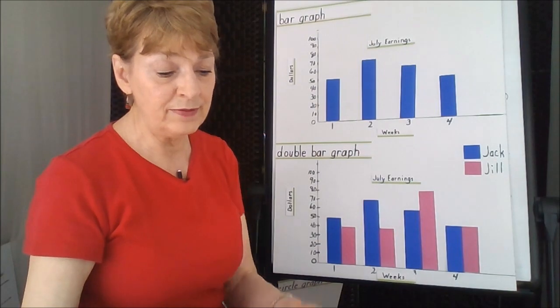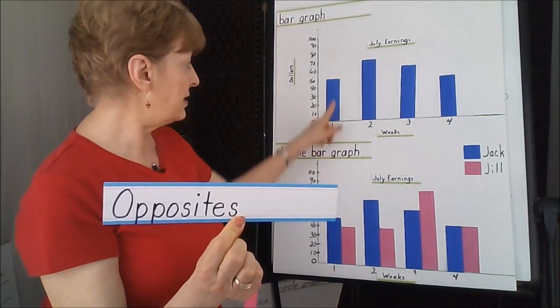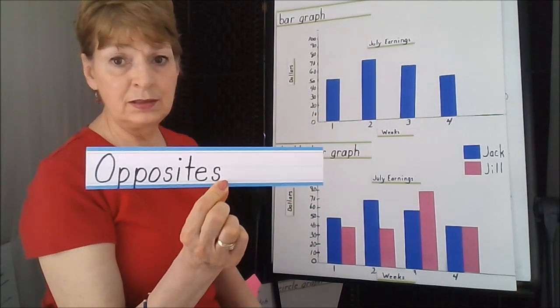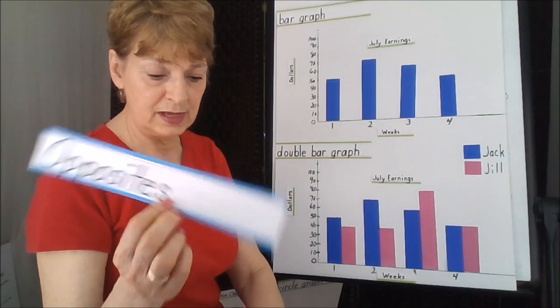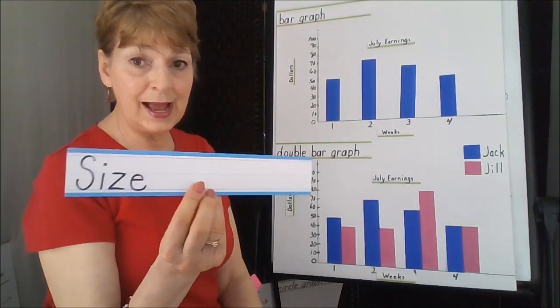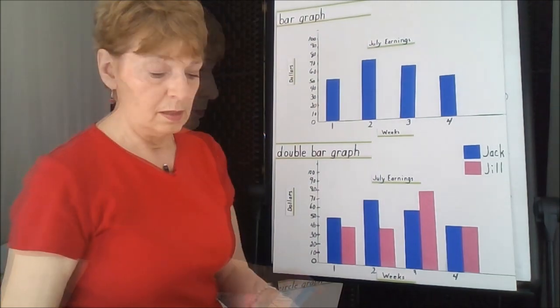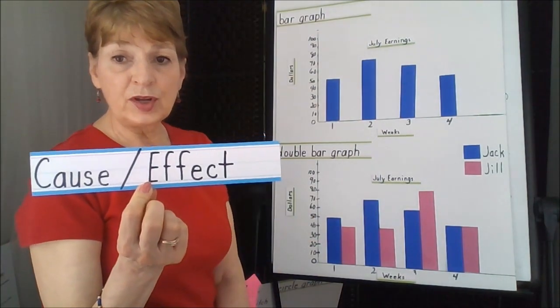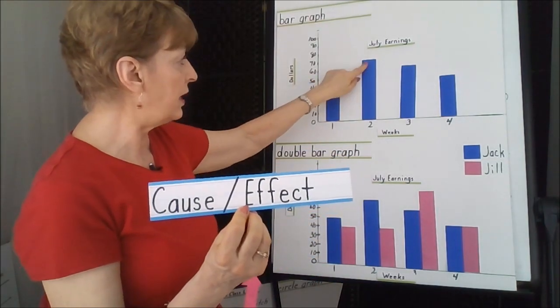We might have opposites that we're talking about, because this is higher and lower. The highest, the lowest. Certainly size of the bar would be part of the relationship. We might be asked about the cause and effect of earnings on week 1 than on week 2.